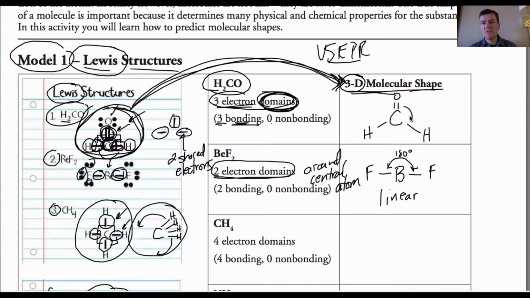They're going to push far away from each other as far as possible and spread out as much as they can, taking up all the space around the central atom. That's why this is going to be 120 degrees, not 90, not 180. They're going to spread out equally around that central atom. So this 3D molecular shape for H2CO is going to be trigonal planar.